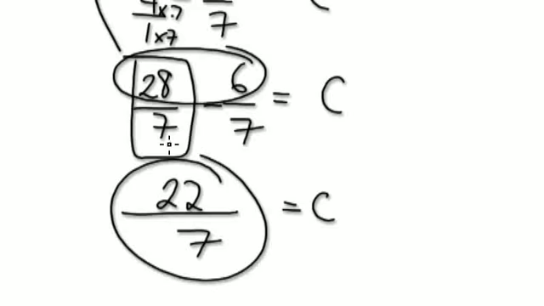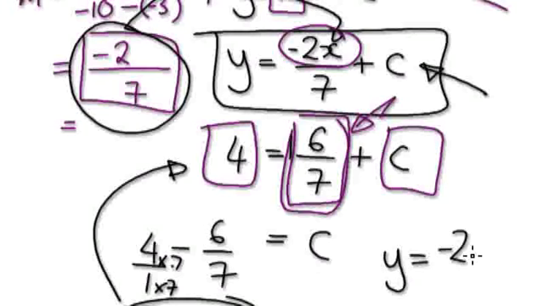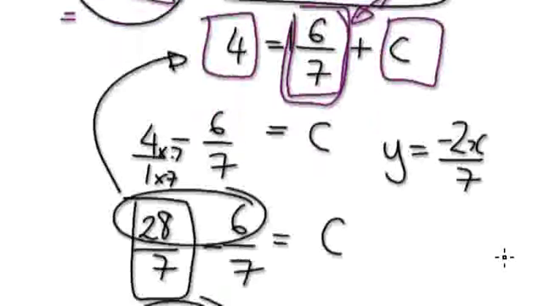Okay, and then we can put this back into this bit here. Let me write the full equation down. The full equation would be: y equals this thing up here, minus 2x over 7, and then c.